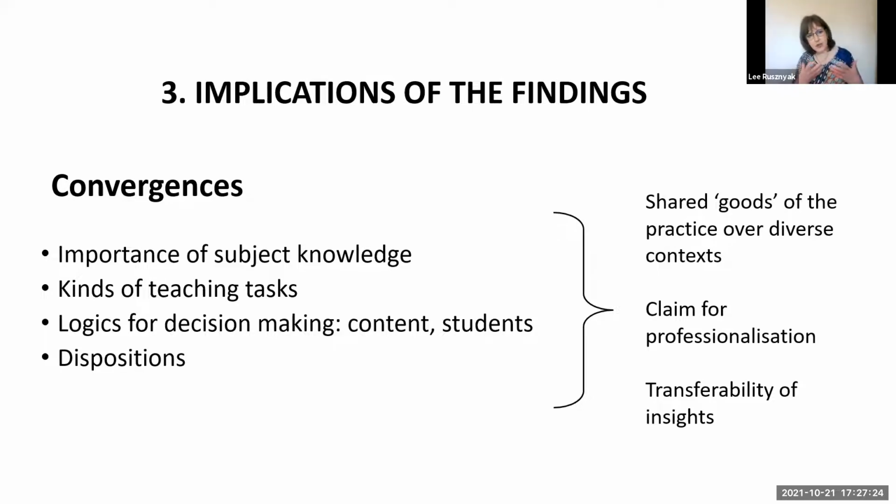And this is quite significant because we felt that there are then within countries and between countries shared goods of the practice over these diverse contexts. And that's important for the claim of teaching to become recognized as more of a professional practice.